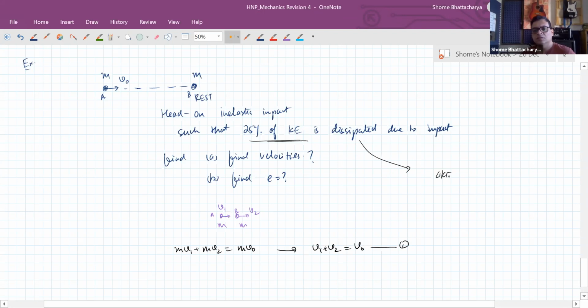That means the loss in kinetic energy is 0.25 of half m v naught square.